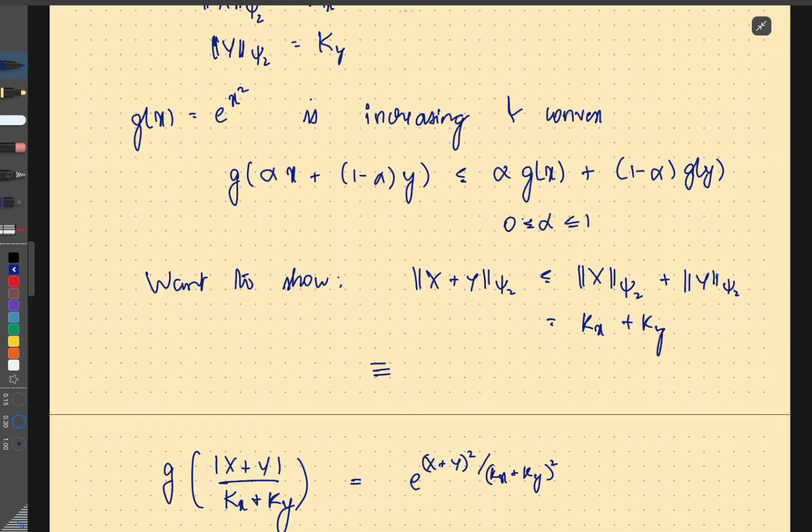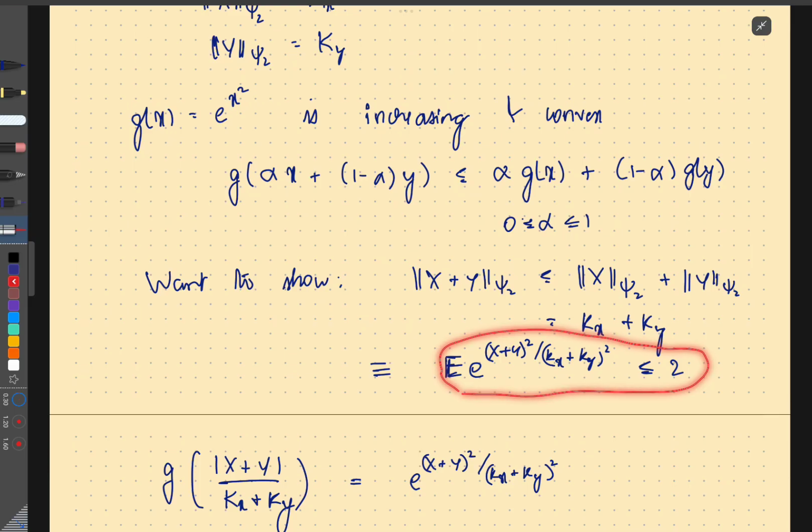Which is equivalent to showing that the expectation of e to the power of x plus y the whole square by kx plus ky the whole square is less than or equal to 2. By definition, the Subgaussian norm of x plus y is the smallest value of k for which this expectation is less than or equal to 2. So if this holds for kx plus ky, then obviously the Subgaussian norm can only be less than kx plus ky. Is that okay?